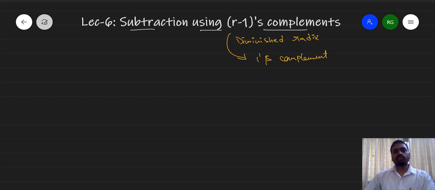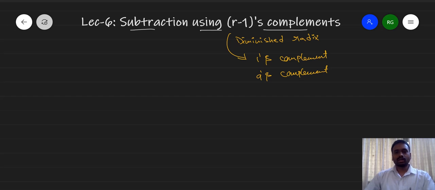If we want to perform the subtraction between two decimal numbers, the r-1's complement is nothing but 9's complement. So based on the number system, you can use the 1's complement if the numbers are binary, or the 9's complement if the numbers are decimal.